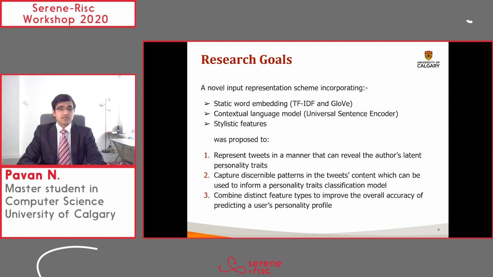So we propose these three different feature sets to represent tweets in a manner which can be used by a classification algorithm to predict their latent personality traits. So that is our first goal. And the second goal is that we can capture the patterns that emerge through the stylistic features, such as the patterns in the URLs, mentions, hashtags, etc. And the third goal is to combine these distinct feature sets in a way that can be used for feature reduction as well as input to our classification algorithm.